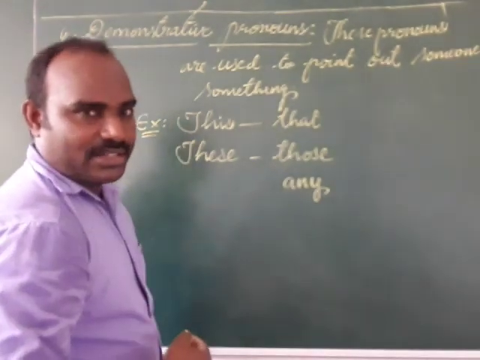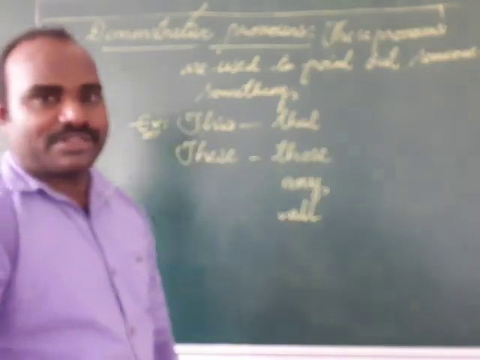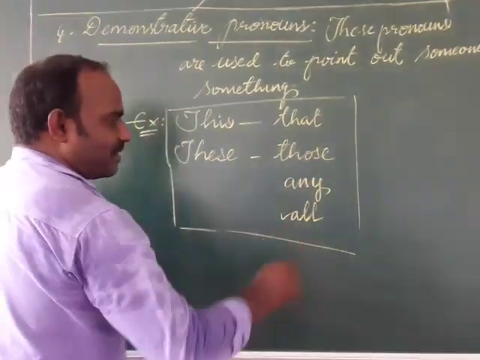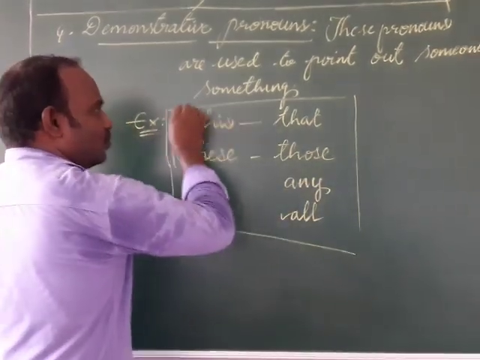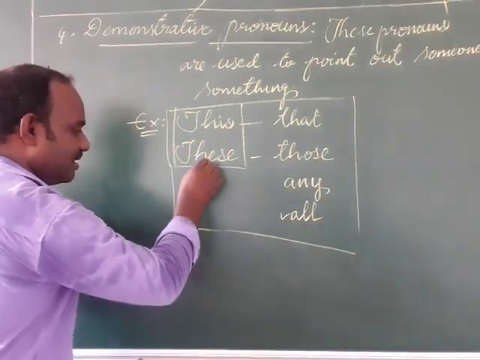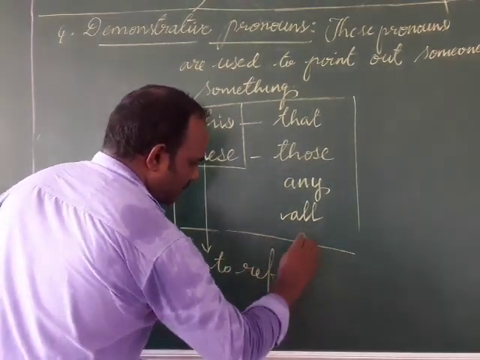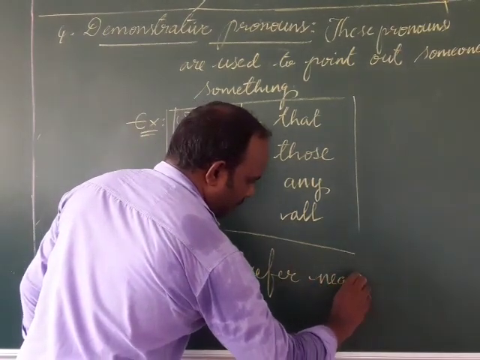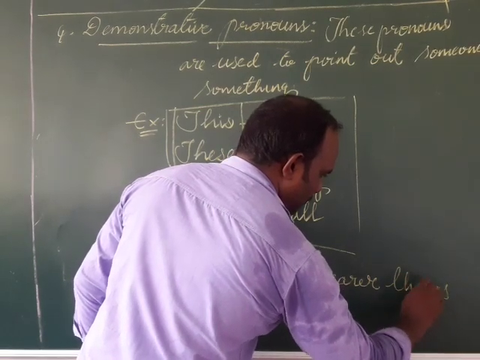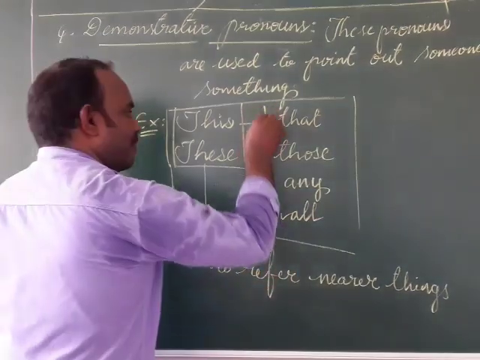Any can be a demonstrative pronoun. All also can be a demonstrative pronoun. These are called demonstrative pronouns. You see, these two, what are they? This, these. These are used to refer to nearer things.